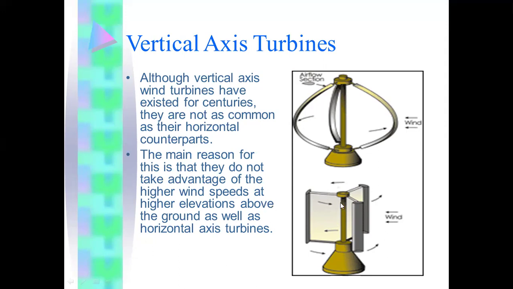These are less advantageous in the case of wind speed. Because due to their rotation, if this mill is rotating anti-clockwise and wind is moving from right to left, then wind speed will favor movement of this blade, but it will not favor this portion of the windmill or this blade, because its direction is opposite to the wind.